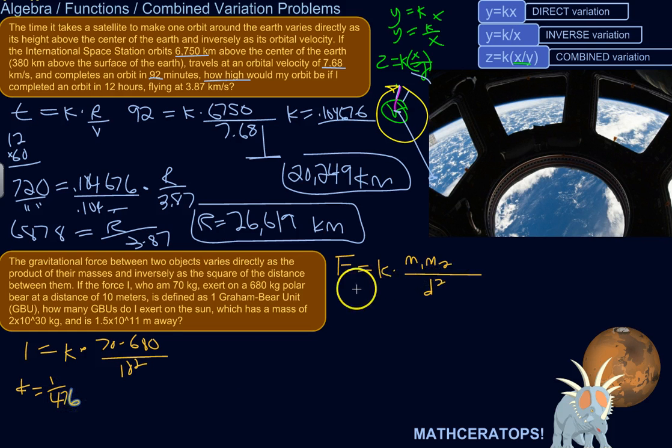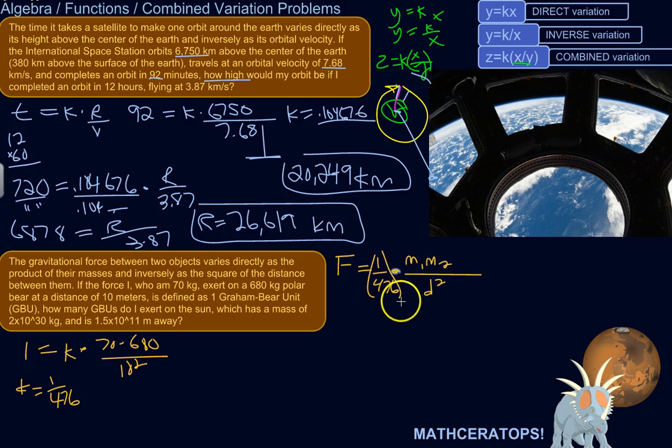Alright, so our equation when we're dealing with force as expressed in gram bear units would be force is equal to, so I'm just going to remove this k and put 1 over 476. We've experimentally determined what that constant is. Now, no one else in the world uses this unit, gram bear units, because I just made it up on the spot.